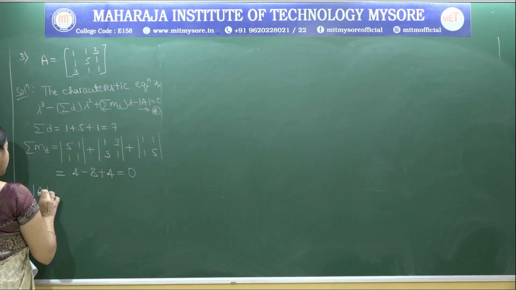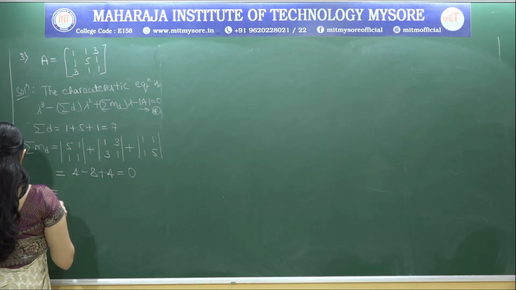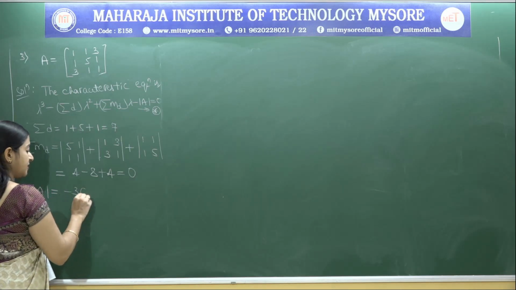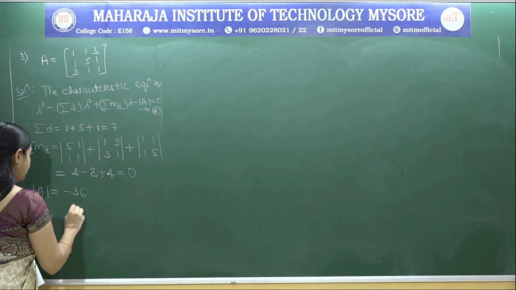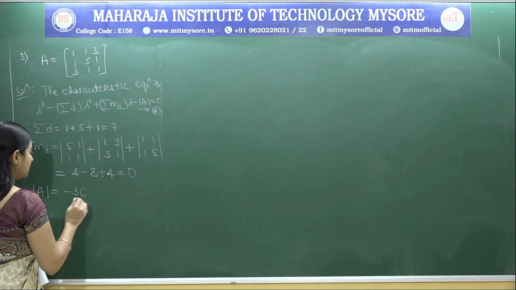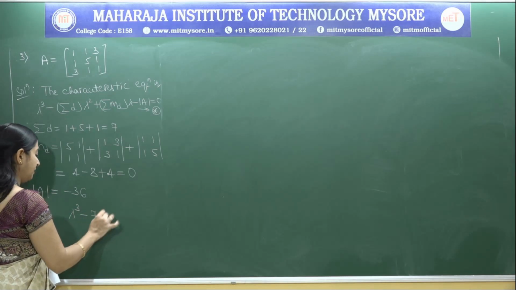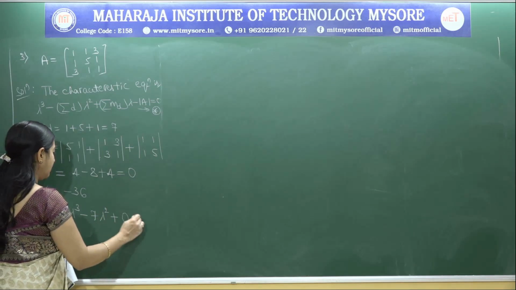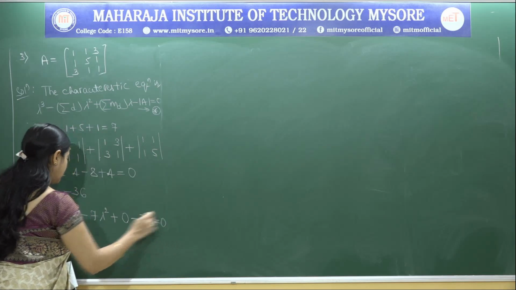Similarly, find the determinant in your calculator. You will get the determinant of the given matrix is minus 36. Then substitute this in equation star. You will get the cubic equation lambda cube minus 7 lambda square, the minor term is 0, and the last one, determinant of A is minus 36.